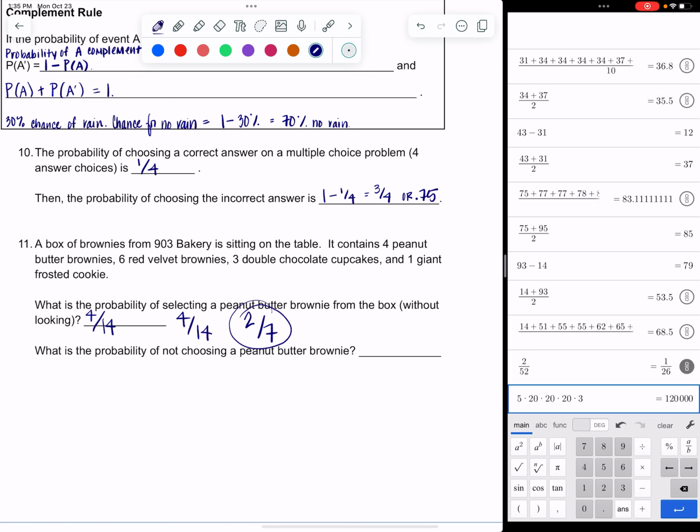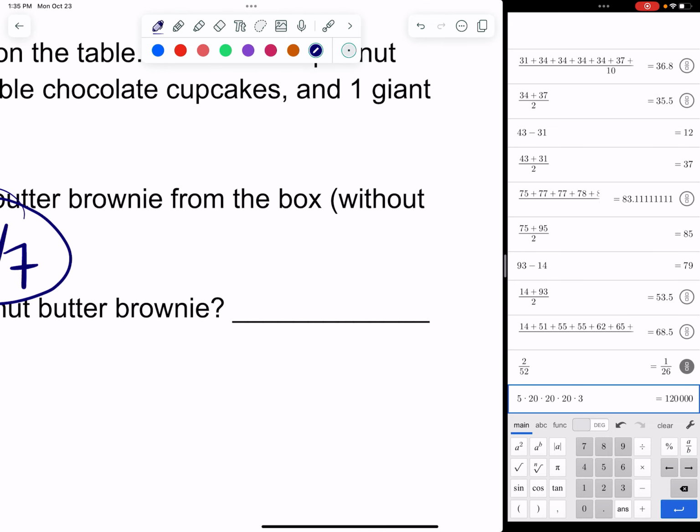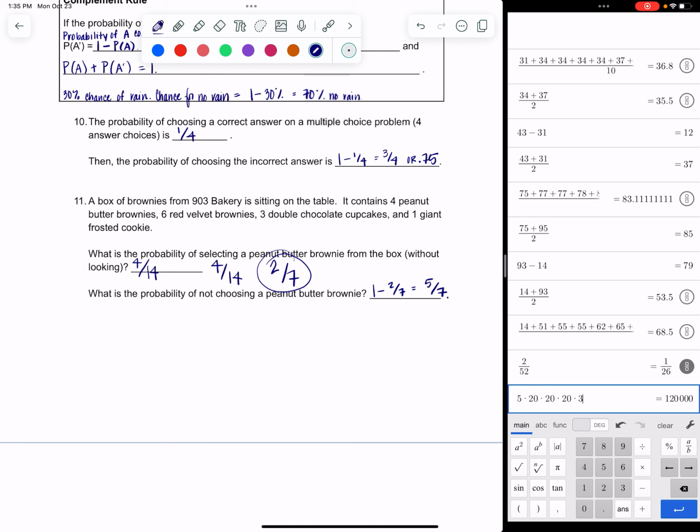So you have a 2 out of 7 possibility for pulling out a peanut butter brownie if you just stick your hand in there. And the probability of not choosing a peanut butter one, so the probability of getting something else, would be 1 minus 2 over 7. Well, that's the same as 5 over 7. So you have a 5 out of 7 chance of choosing something that is not a peanut butter brownie.